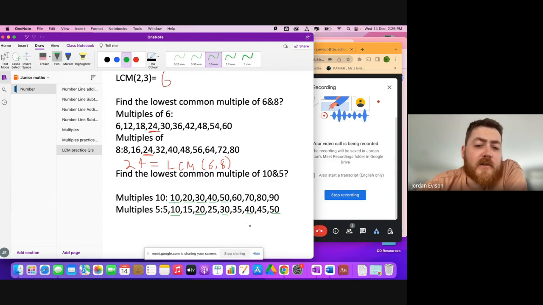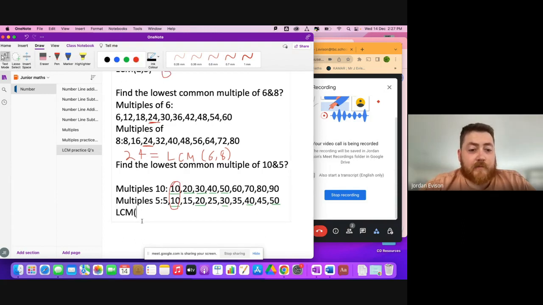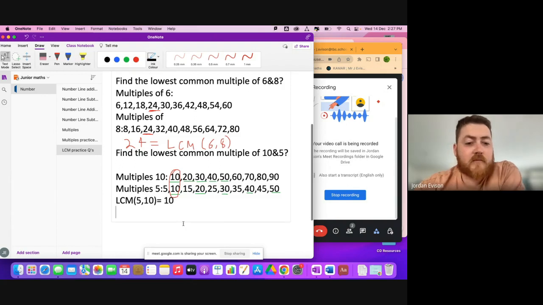So all of those numbers in green are actually common multiples, but we're looking for the lowest common multiple. Well, what's the lowest number that's highlighted in green there? Of course, it is our 10. So we can say that the LCM of 5 and 10 is, in fact, the number 10 itself.